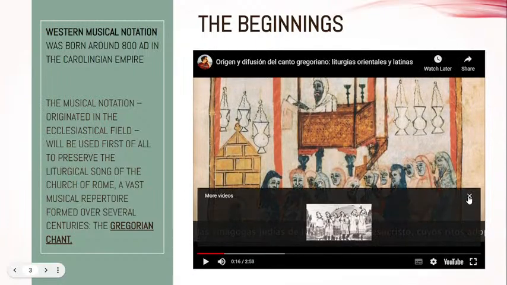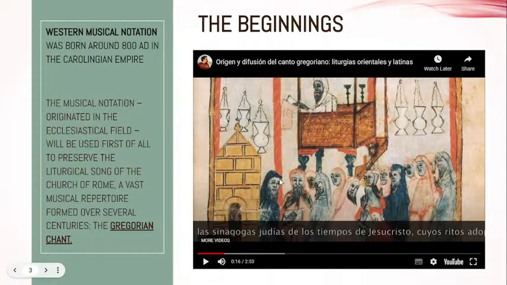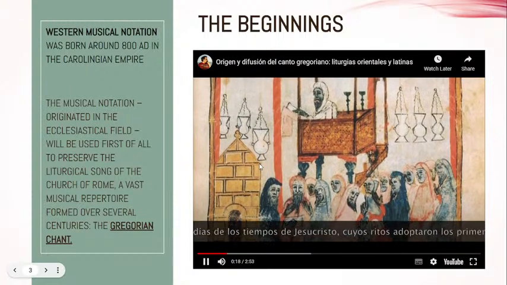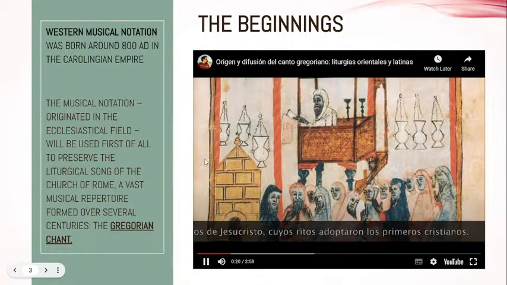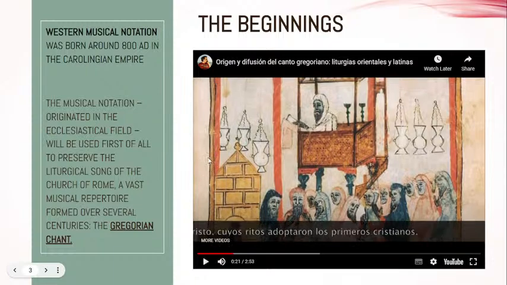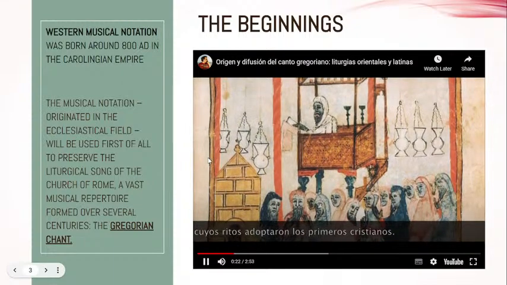He says that for not for Joaquin, I know, but for the rest, that the Gregorian chant has its beginnings in the Jewish synagogues. Yeah. Because the first rites were adopted by the first Christians. Yeah.